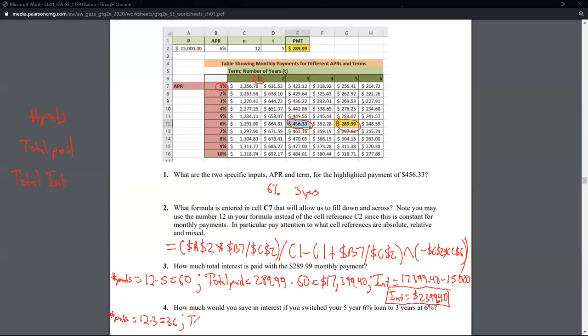Okay, so the total paid: we're paying $456.33 a month now, but we're only going to pay that 36 times. And if you do 456.33 times 36 months, you should end up with 16,427.